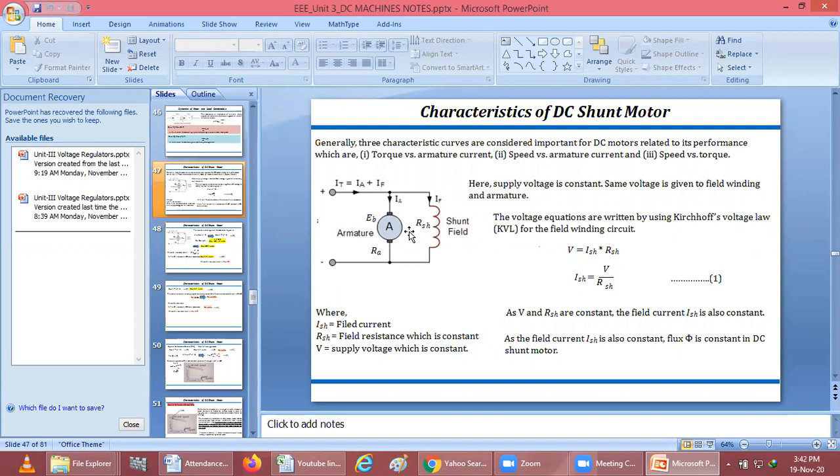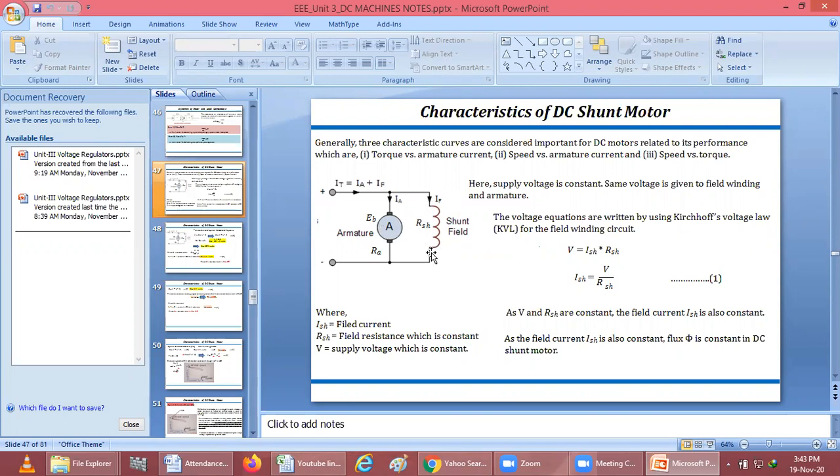If two or more elements are connected in parallel, the voltage will remain constant across each and every element. So if we find the equation for voltage according to Ohm's law, we get V equal to IR.